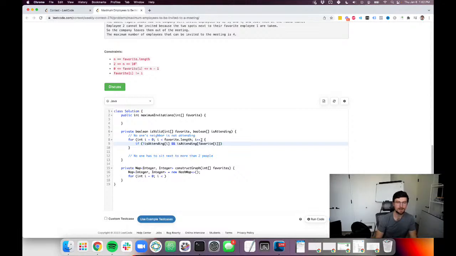So if i is attending and not... but see the problem is that we want to skip it, as this is going to return false if i is not attending, which is a problem.